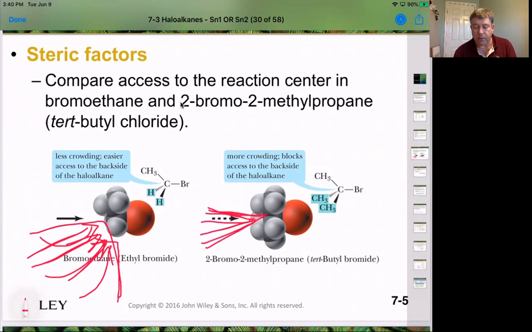That nucleophile can only come in this way because the methyl groups with the hydrogens on those carbons are blocking much of the area where those nucleophiles can come in and attack. Therefore, the primary alkyl halide here has a much bigger area for these nucleophiles to come in and attack, where the tertiary ones have a very small, narrow window of attack.